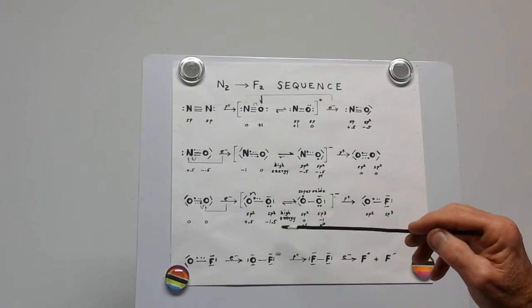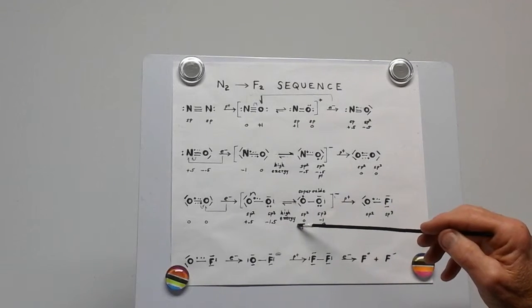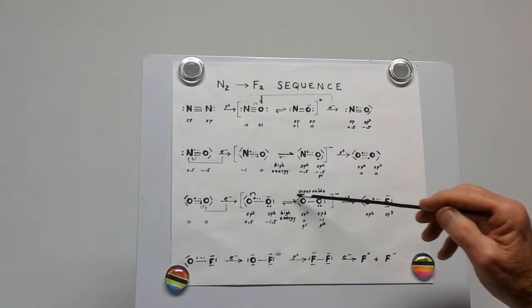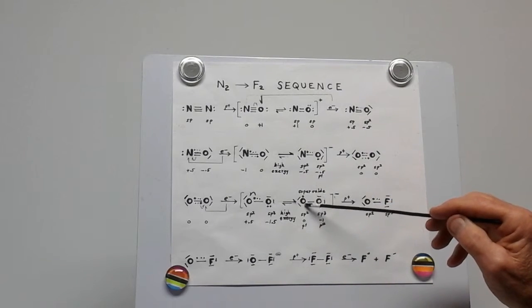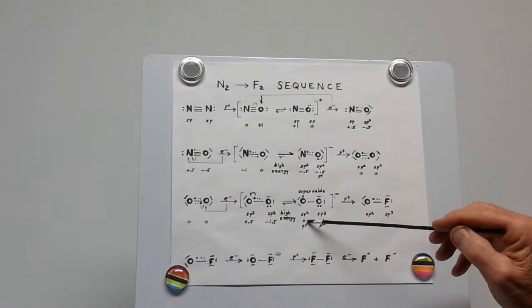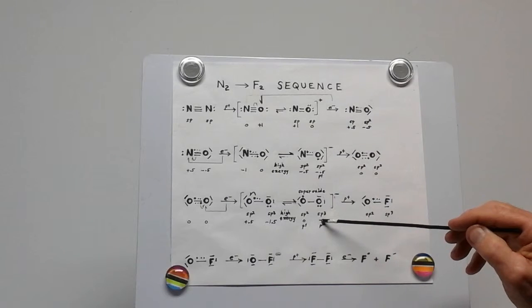Now, this would be formal charge. If we take and move this electron here over to this oxygen for p orbital, now we're going to have 0 for the formal charge on this oxygen, and we're going to have -1 here.